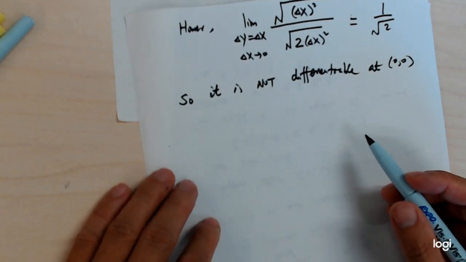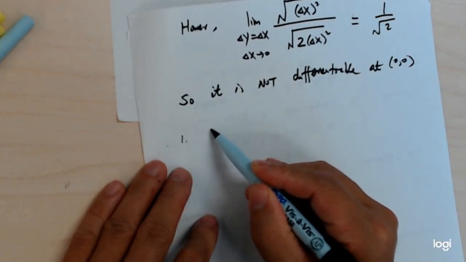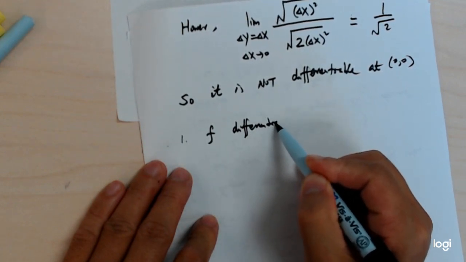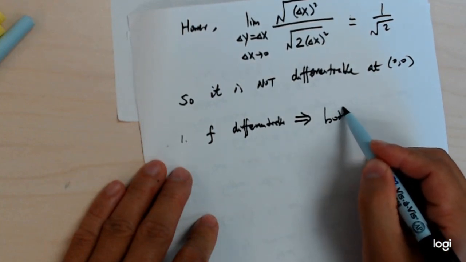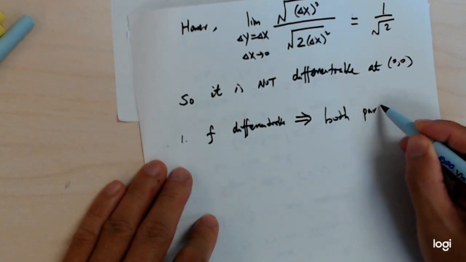And in summary, if f is differentiable, then both partial derivatives have to exist.